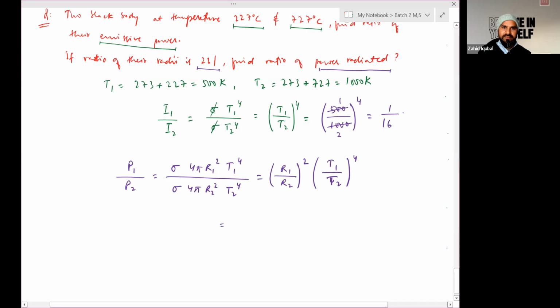We have R1 divided by R2 as 2:1. So if you put this whole square, T1 by T2 is 500 divided by 1000, so it will become 1 by 2 to the power 4. So 2 by 1 on squaring will become 4 by 1, and 1 by 2 on fourth power gives you 1 by 16.